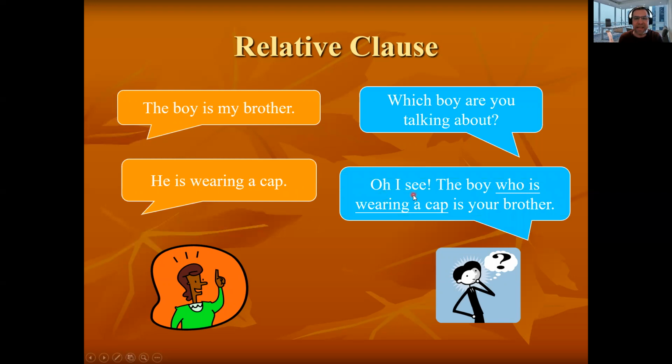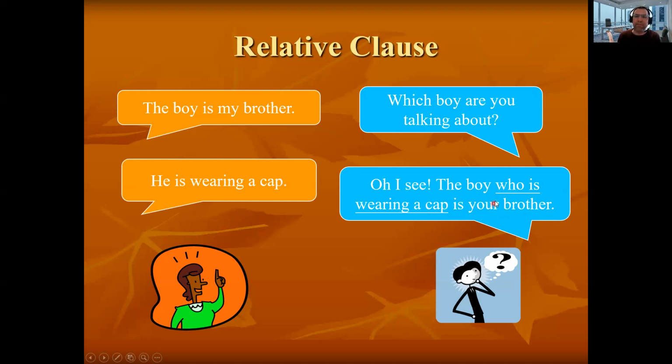Oh, I see. The boy who is wearing a cap is your brother. So we see the boy, the noun, more information about the boy who is wearing a cap, which is the information from here, is your brother.